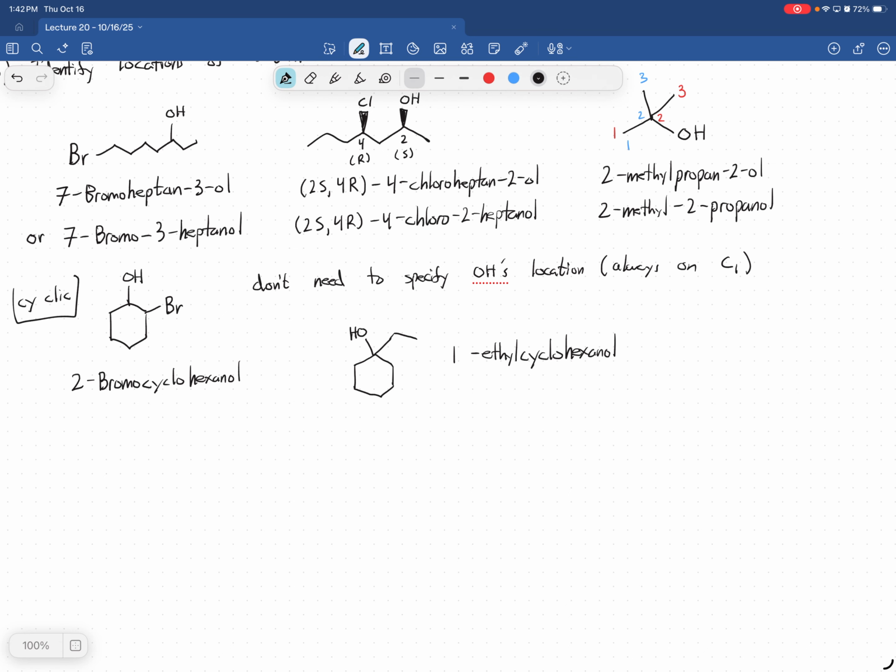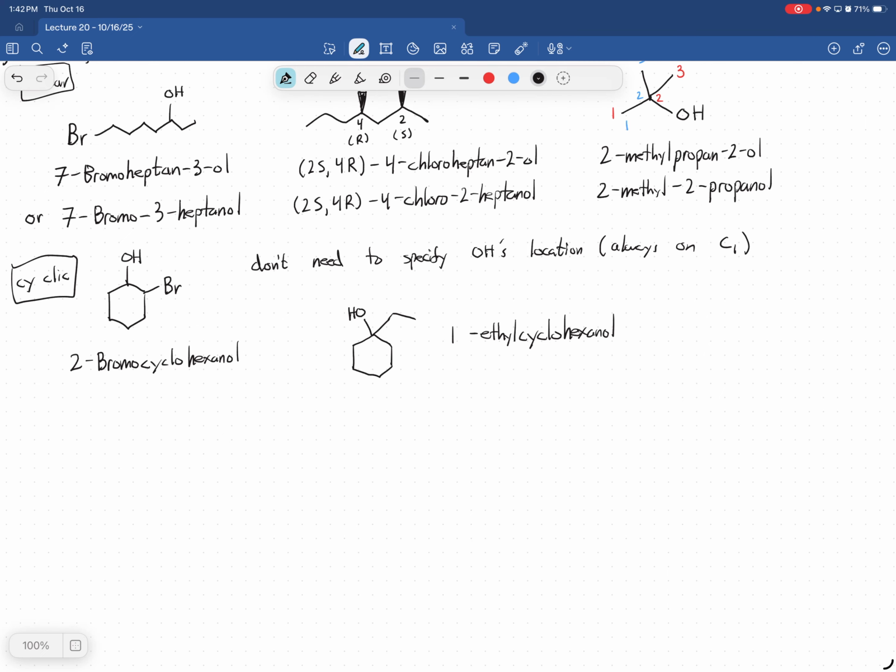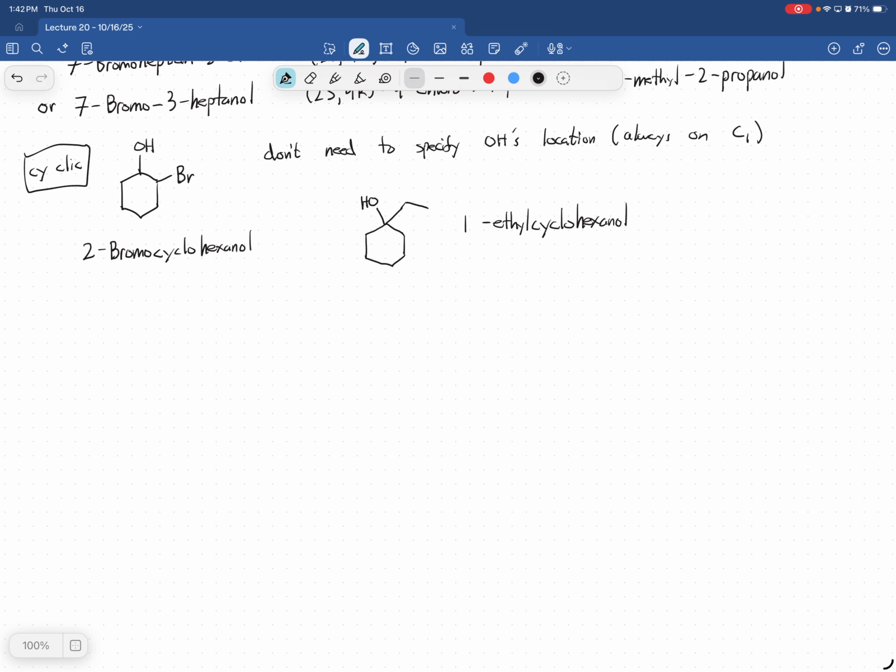So here are my cyclic alcohols, my linear ones. Now we're going to do diols, triols, etc. Okay, so let's do one here.